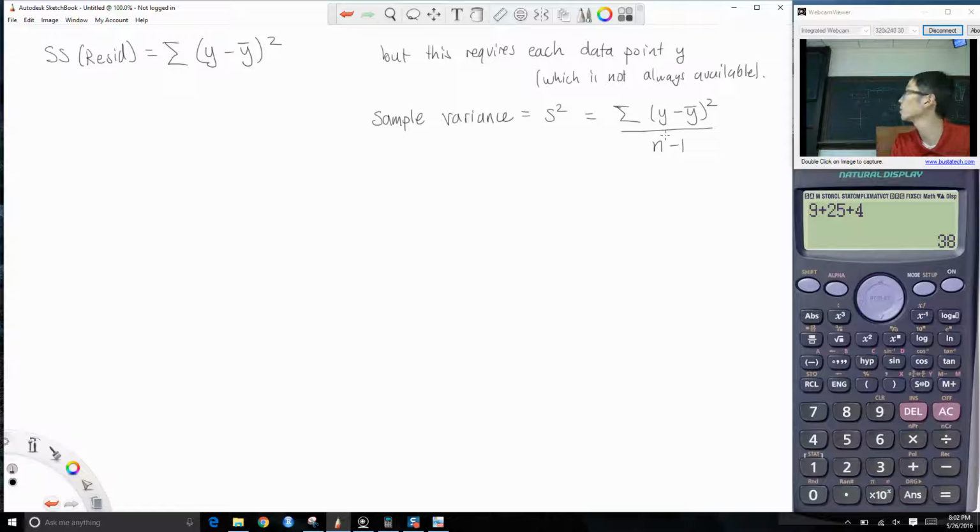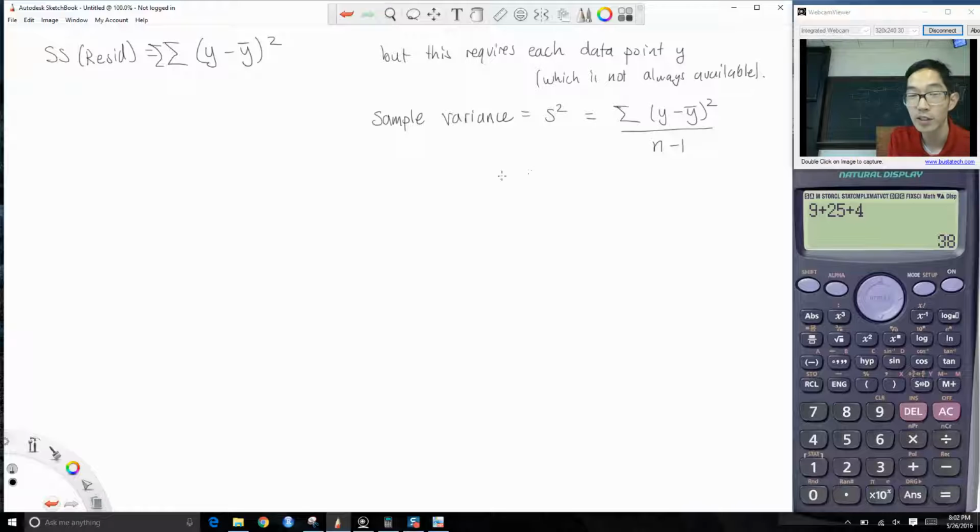Okay, and so what do we notice here? Oh, I'm sorry, and this was a double sum here. Well, we notice that the sum of y minus y bar squared is right here in the numerator.